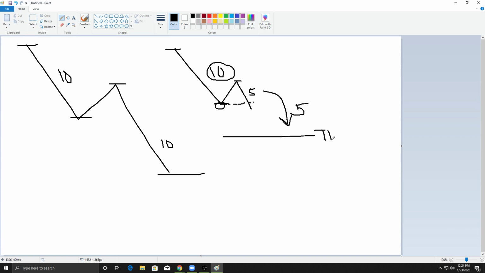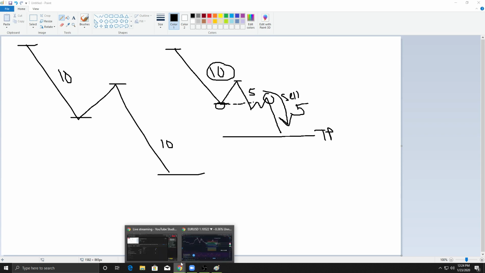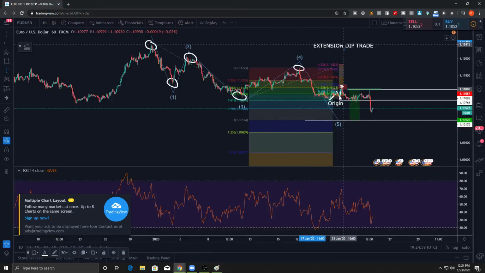This is our take profit, and what we are doing is looking for a pullback in this area to sell it. This is a drawing and a visual example of exactly what we just did here on euro dollar.